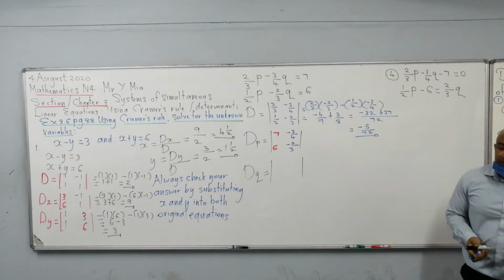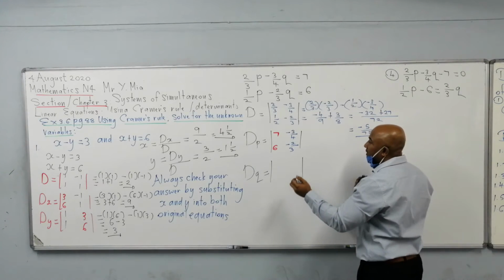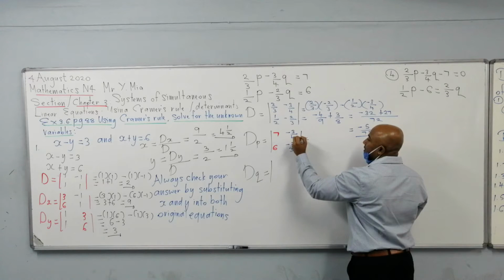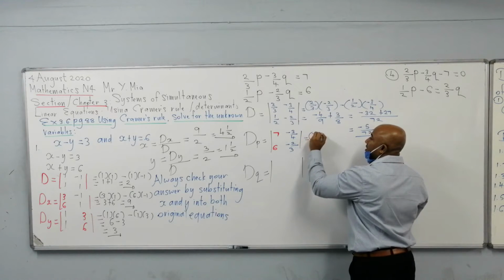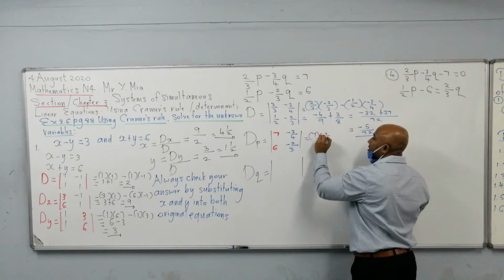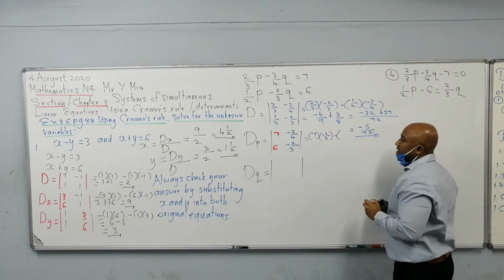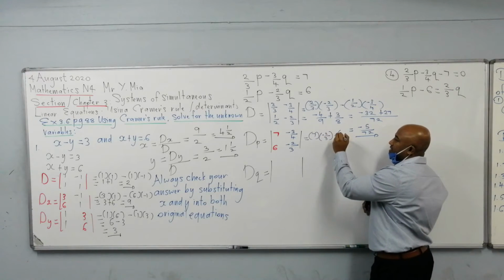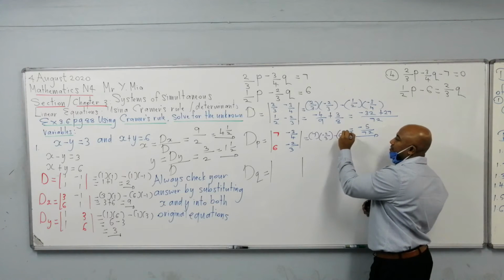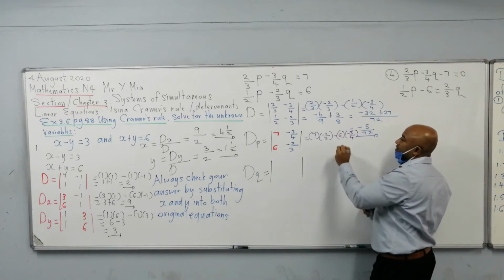So now, once you write this down, evaluate it. So now this is going to be equal to 7 times minus 2 over 3 minus 6 times minus 3 over 4.